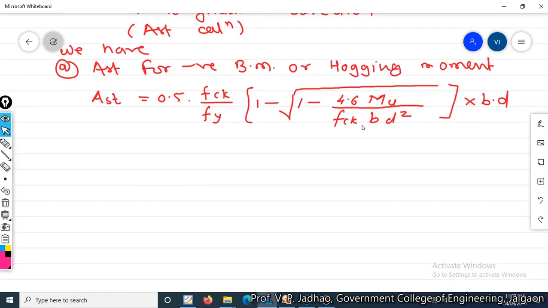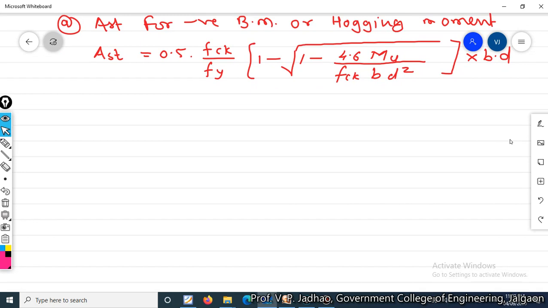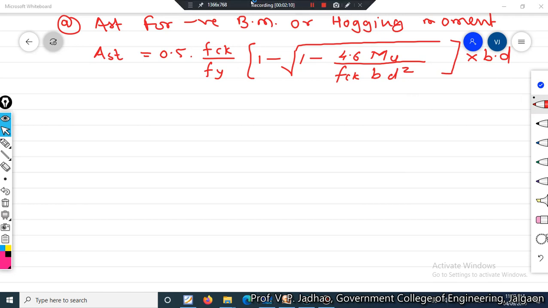Now we have the value of mu for this particular negative bending moment or hogging bending moment. This mu is equal to 1500 kilonewton meter.